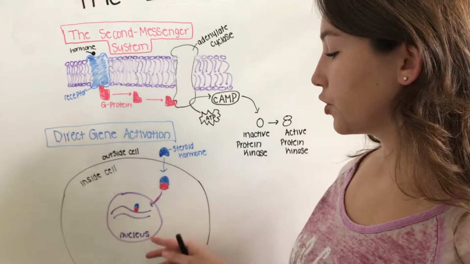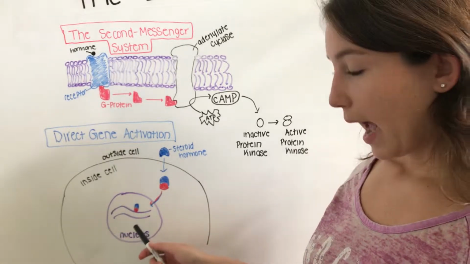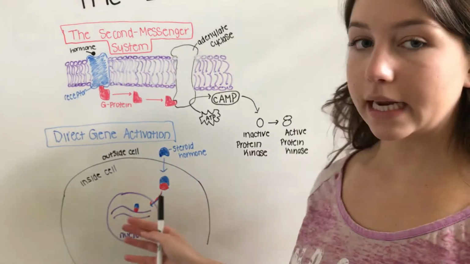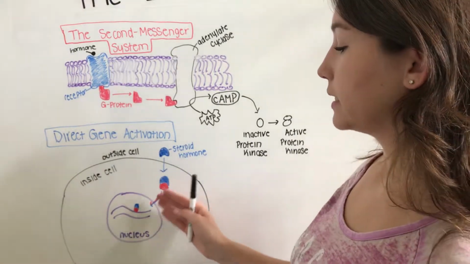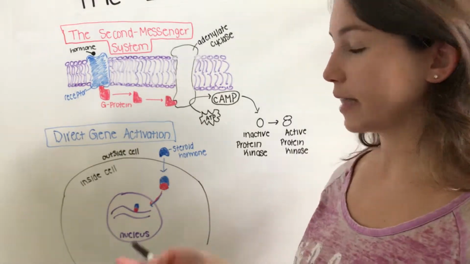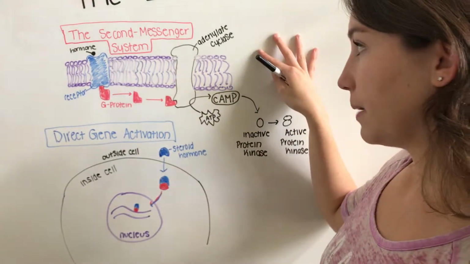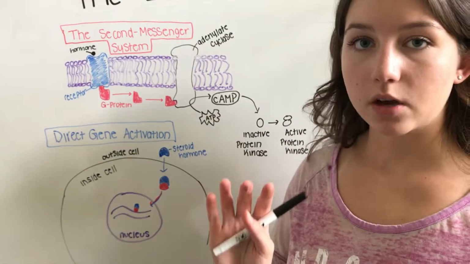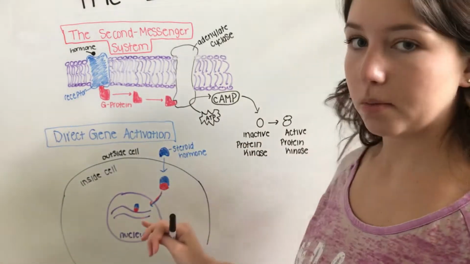Once it enters the nucleus, it's going to sit on the DNA, which are these purple strands here, and it's basically going to tell that DNA to make a specific protein. So the DNA will make mRNA, which will then cause protein synthesis, as we learned about in AMP1. So again, the second messenger system is used for amino acid-based hormones, and direct gene activation is used for steroid hormones.